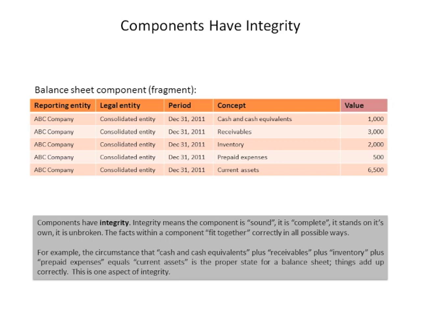For example, the circumstance that cash and cash equivalents plus receivables plus inventory plus prepaid expenses equals current assets is the proper state for a balance sheet. Things add up correctly. This is one aspect of integrity.